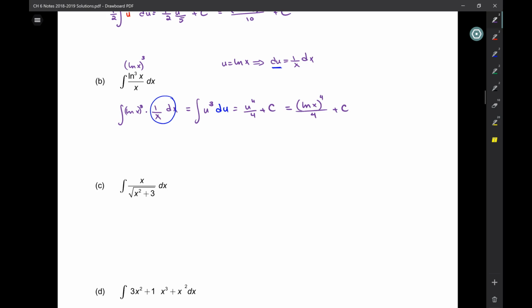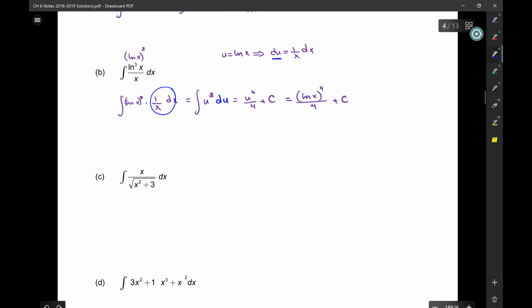Okay. Having said that, you know what? I think I need to take a minute and clarify that. Okay. So ln of x to the 4 with parentheses is not the same as ln 4 to the x. Why is that different?